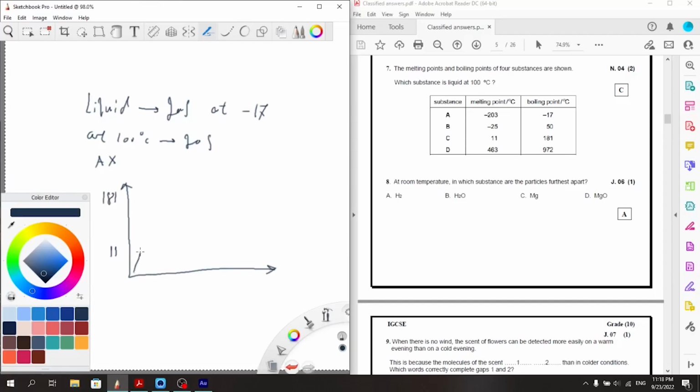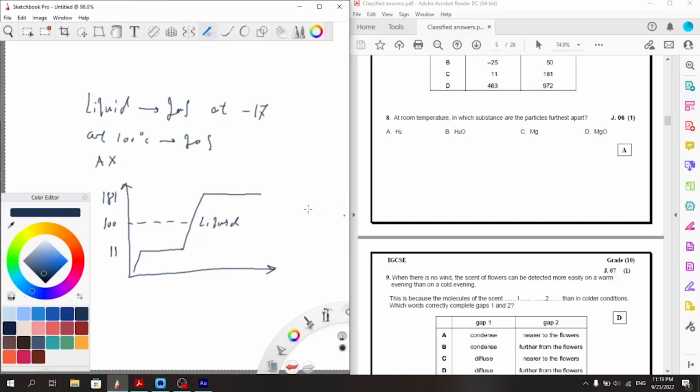So it's just going to be solid, then it starts melting, and then starts turning into the gas, boiling. 100 degrees Celsius is right here, below the boiling point, below 181. So at this point, the substance will be in its liquid form, because it's below the boiling point. So the answer will be C.